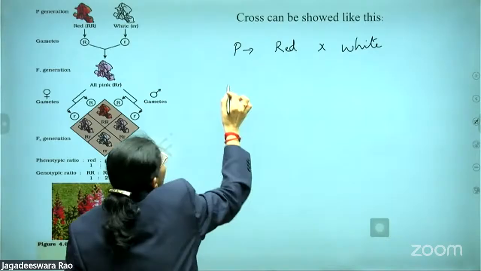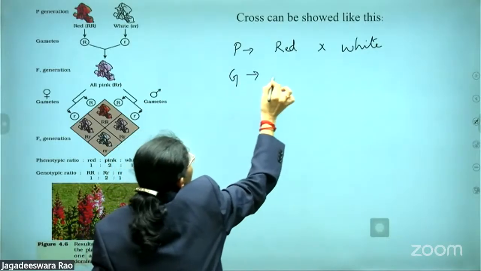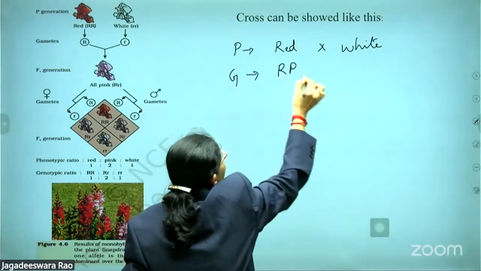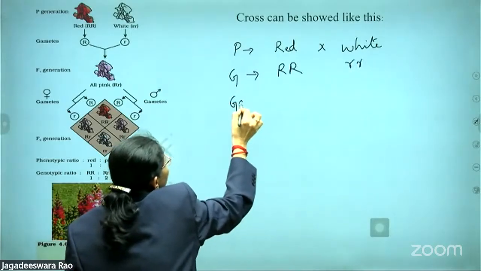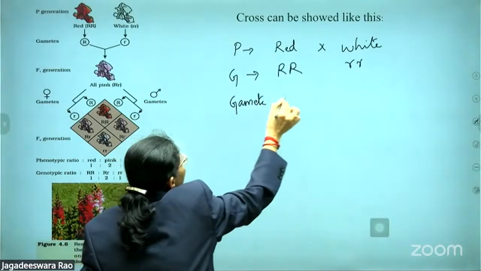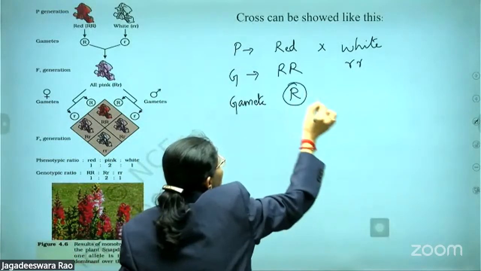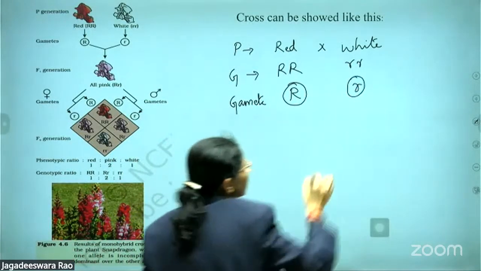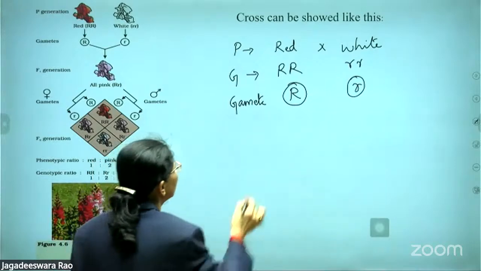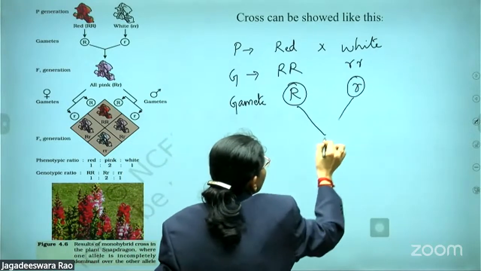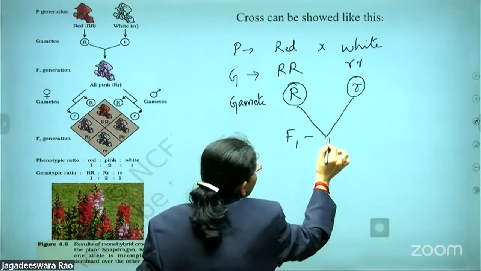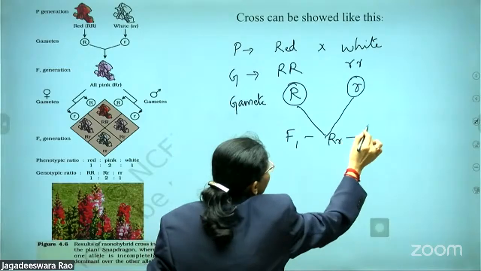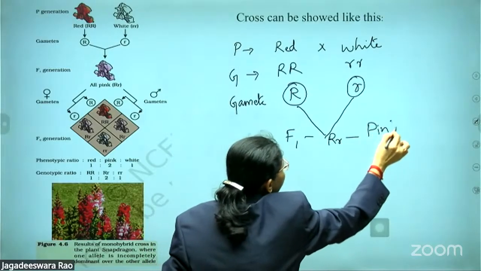Now what is the genotype? Genotype is capital RR and small rr. What is the gamete? Only one type of gamete from each parent, because they are in a homozygous condition. So in the F1 generation, first filial generation, you will get capital R small r. That shows a blending of character.